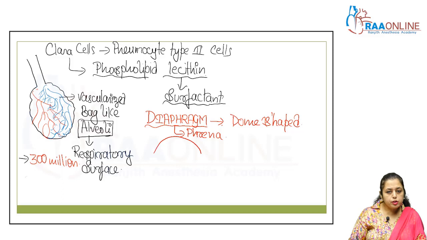Its normal shape is dome shaped. When it is in contracted shape, then it gets flat. When it is in normal shape or relaxed state, then it is dome shaped, right? It's not that flat, but yes, almost flat.